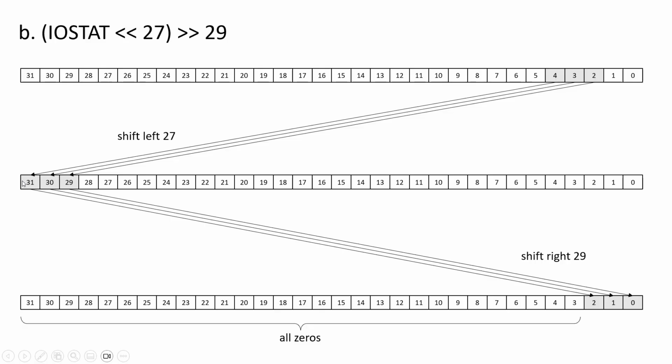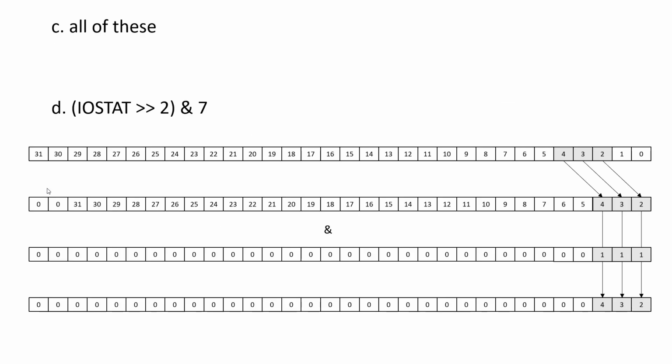Then we take the result of that and shift it 29 bits back to the right, which will essentially take these 3 bits that are on the left and shift them to the right. So it'll right justify it, right? So that also accomplishes the same thing, that isolates those three bits.